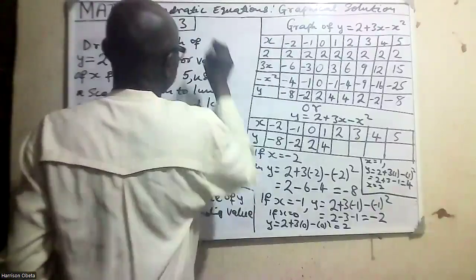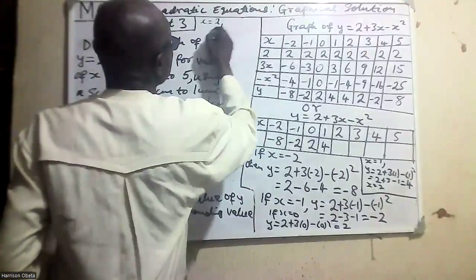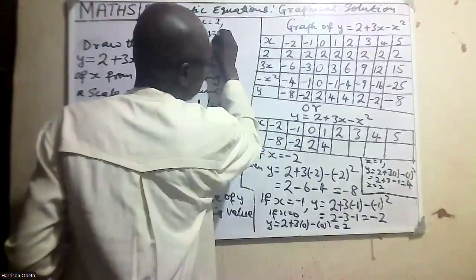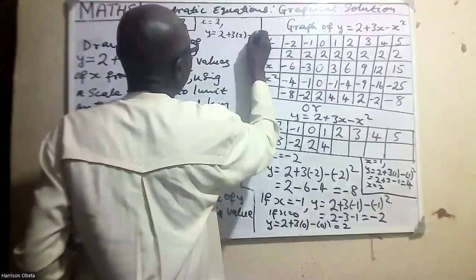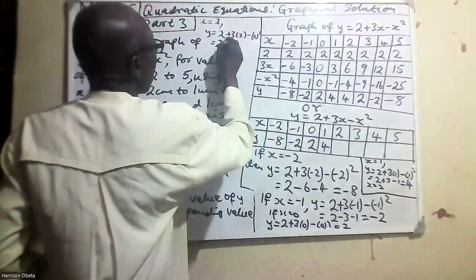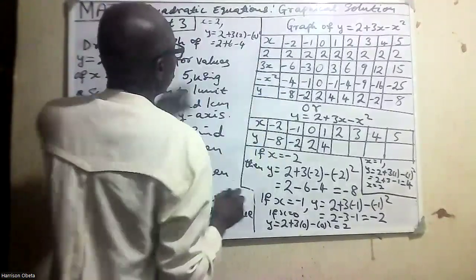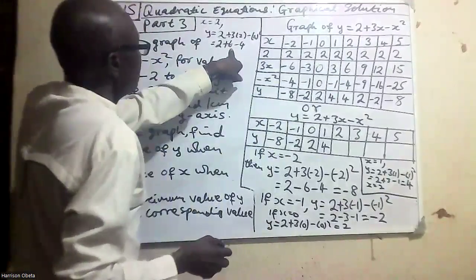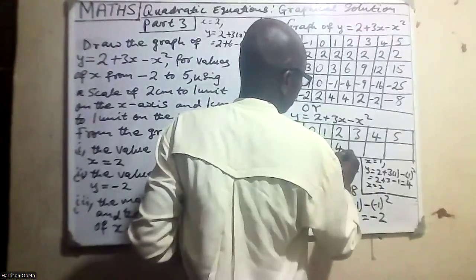If x is 2, for instance, x equal to 2, that means y is equal to 2 plus 3 into 2 minus bracket 2 squared. And this will give us 2 plus 6 minus 4. 2 plus 6 is 8. 8 minus 4 is 4. So you can see that it is 4.